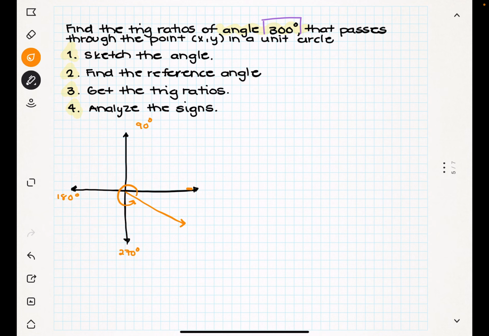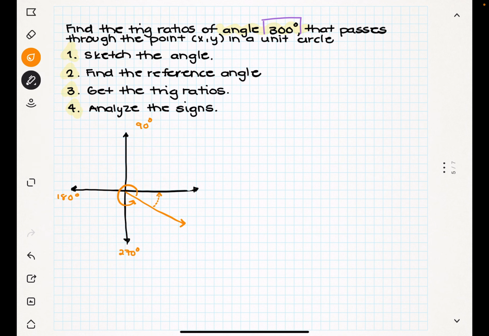Next, I'm going to find the reference angle. Remember that the reference angle is the positive angle, between 0 and 90, that takes me to the horizontal line.